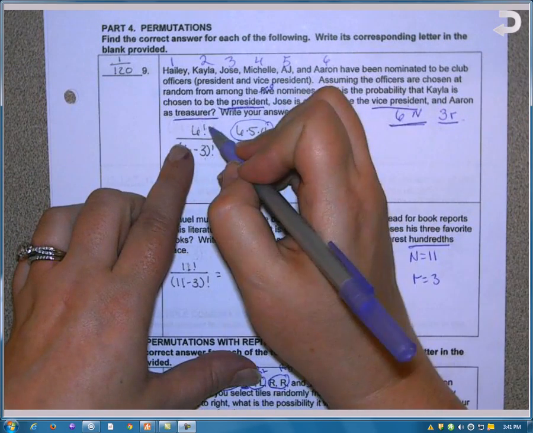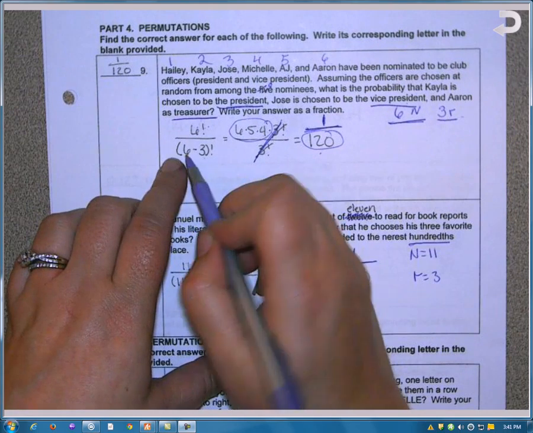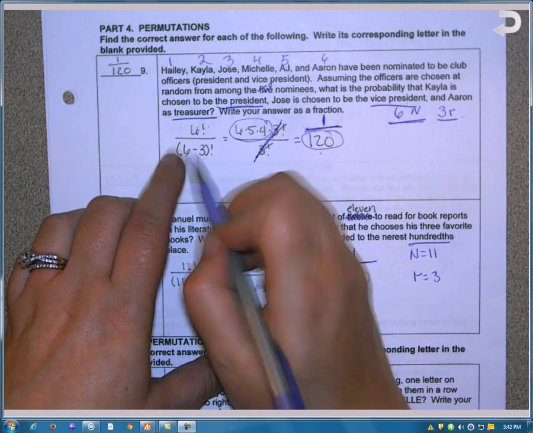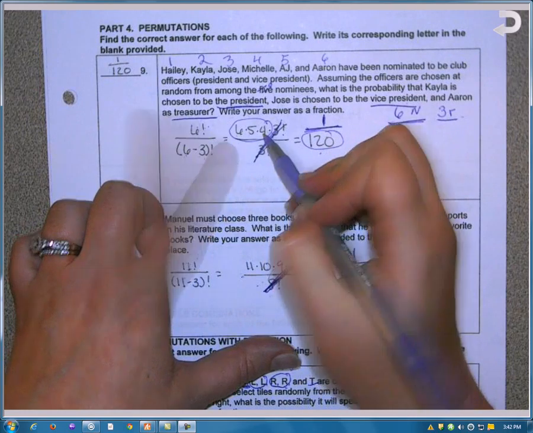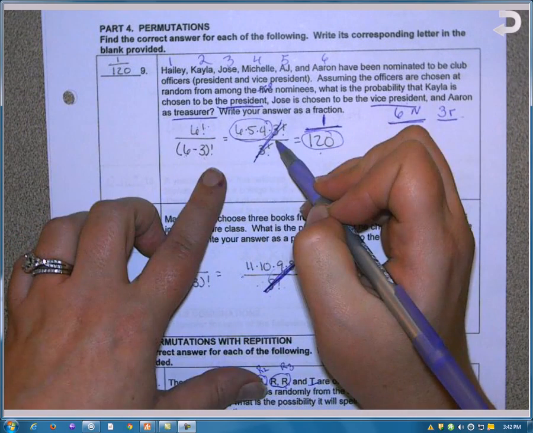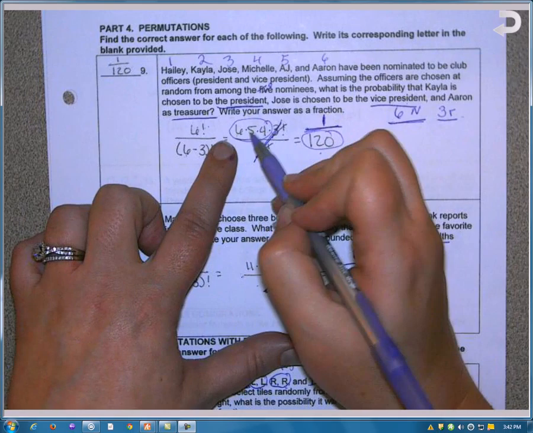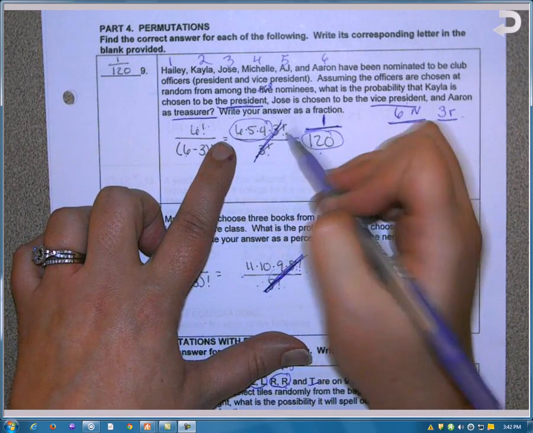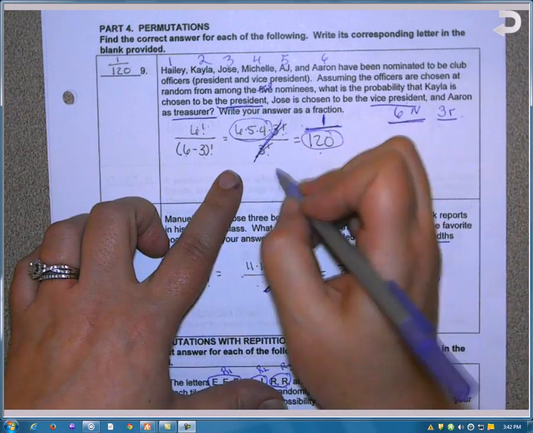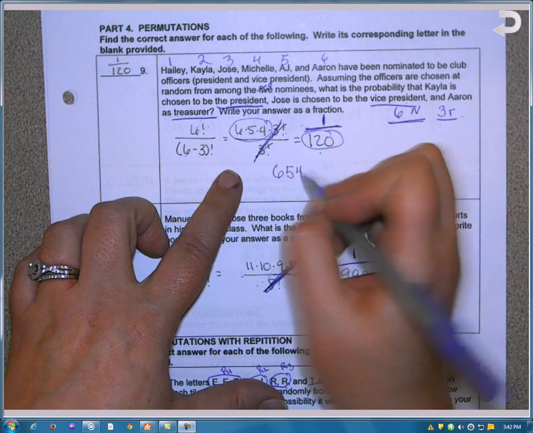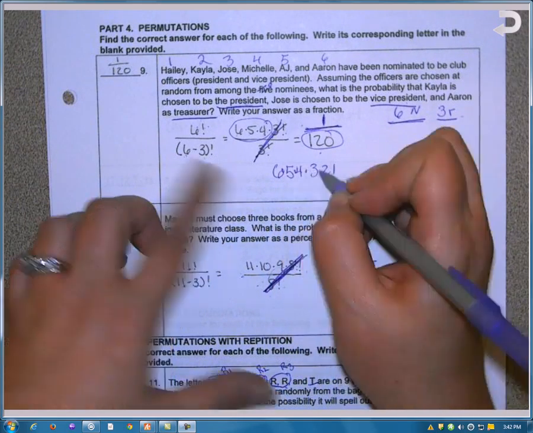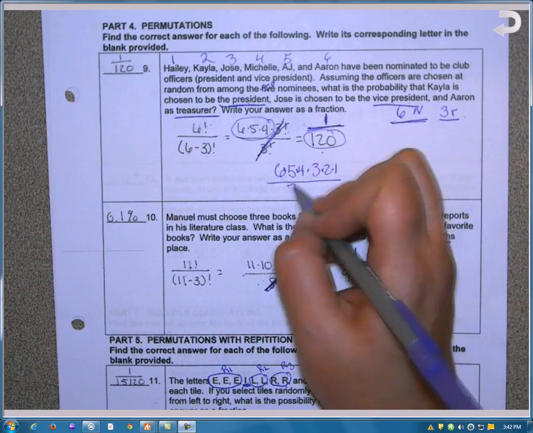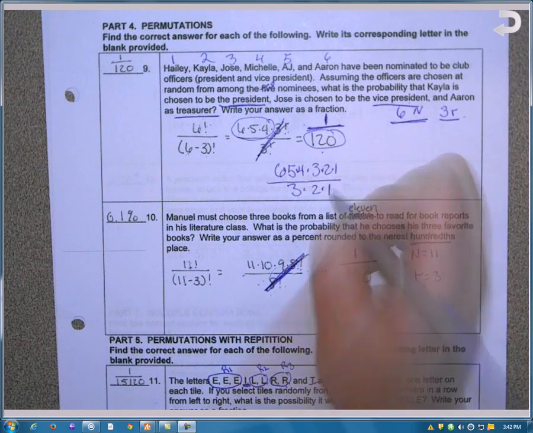So our N goes up here, and on our bottom it's N minus R. So it's 6, 5, 4. If this part confuses you, you can do 6 times 5 times 4 times 3 times 2 times 1 over 3 times 2 times 1.